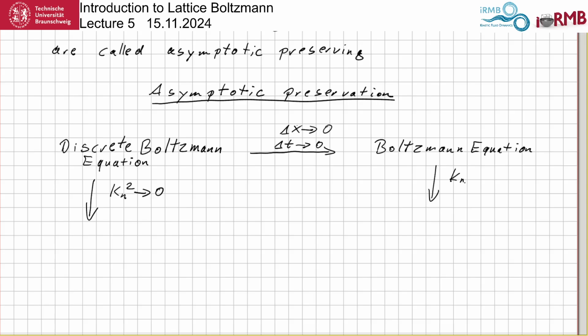The Knudsen number squared, as we said in lecture 2 or so, if the Knudsen number squared is going to 0 while the Knudsen number is larger than 0, we end up with the Navier-Stokes equation, coming from the Boltzmann equation under these physical conditions. So this is now still the compressible Navier-Stokes equation.